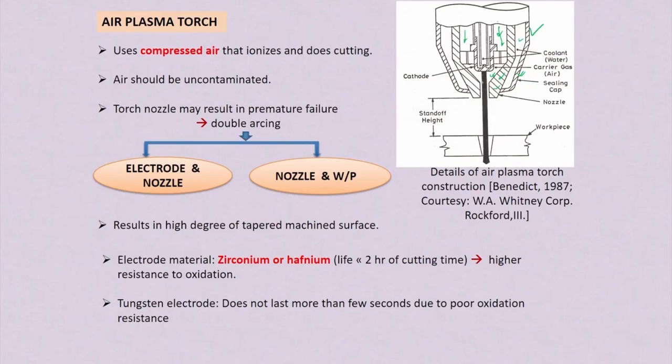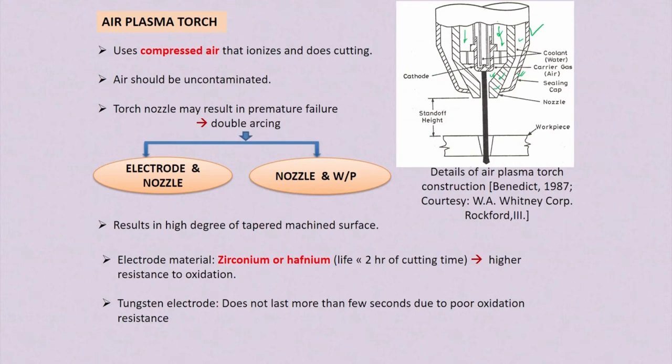So if we use this coolant to remove the heat from the nozzle, its life can be enhanced. Through the gap surrounding the nozzle, the compressed air is coming and passing through the nozzle. So compressed air is used for ionization, and this compressed air is ionized and does the cutting operation.